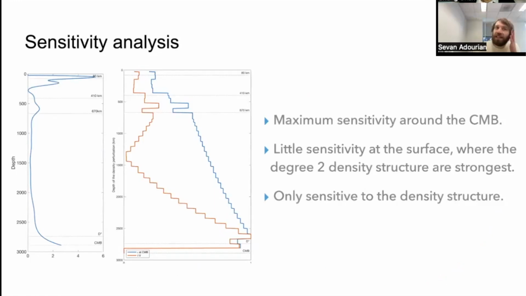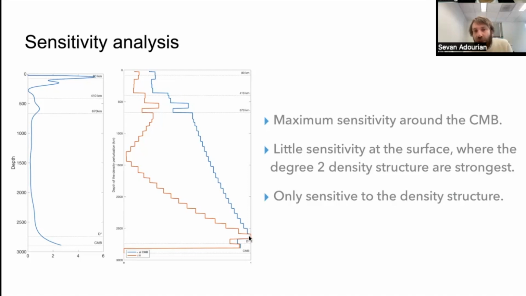So we perform sensitivity analysis because we want to know whether or not this oscillation is sensitive to the core mantle boundary or not. And what we found is that indeed, so here we have the sensitivity.